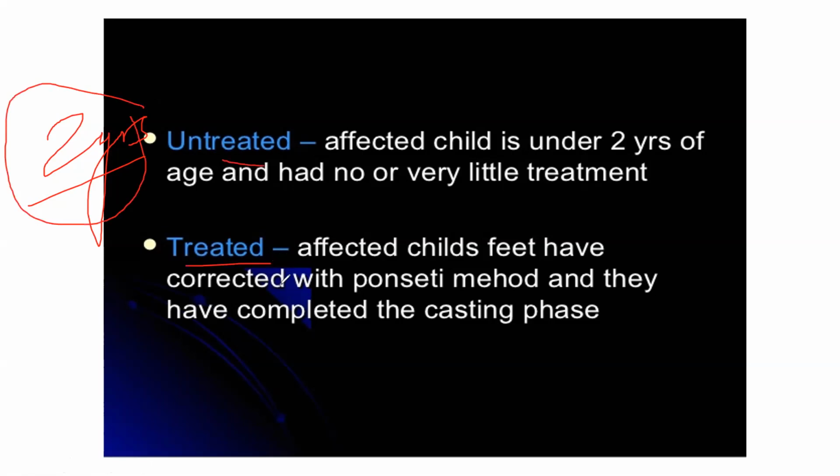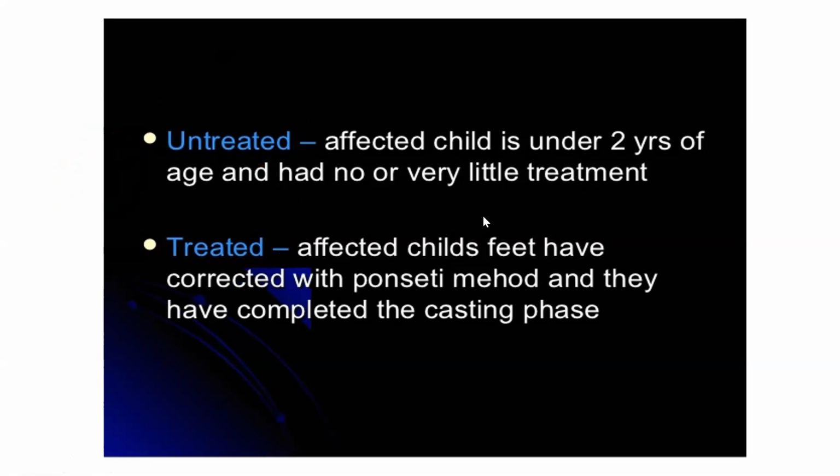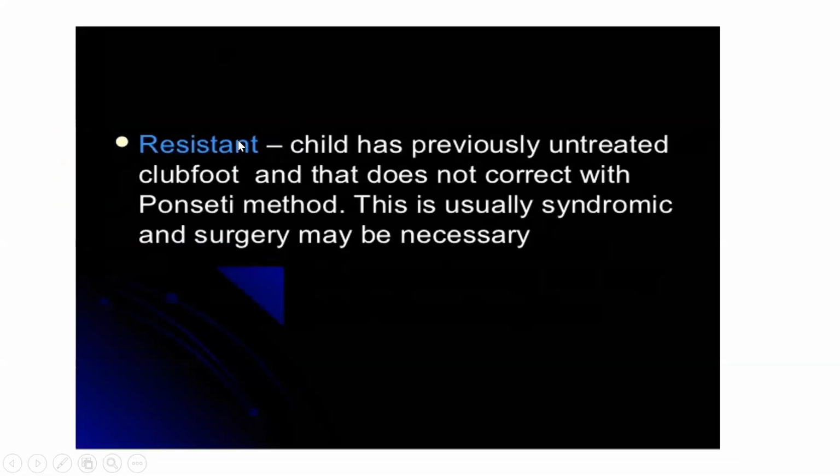Treated is where conservative treatment has been given and the clubfoot has recovered or become normal. Resistant is where every time you try to correct it, it is not correctable. It is a harsh or very severe variety where you try to correct but it does not correct. That type is known as the resistant variety.